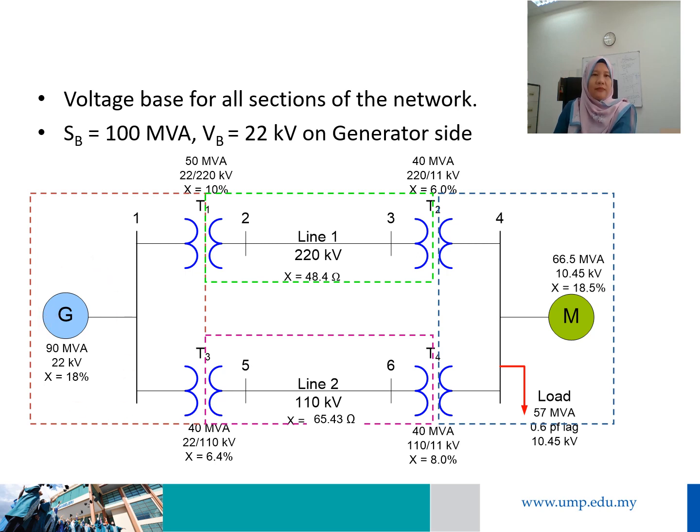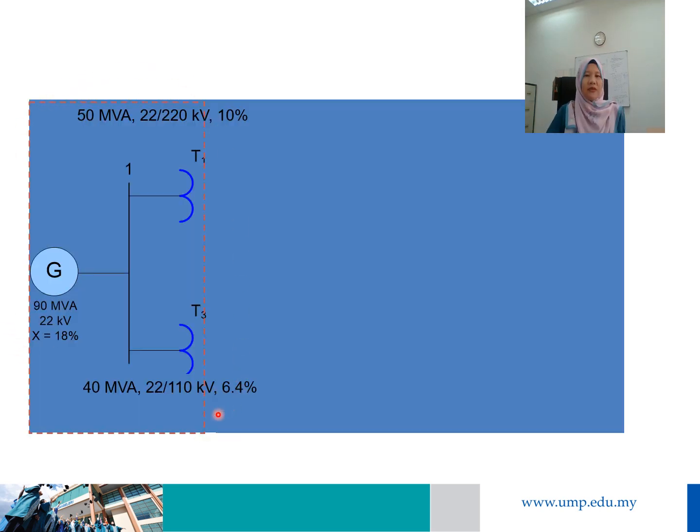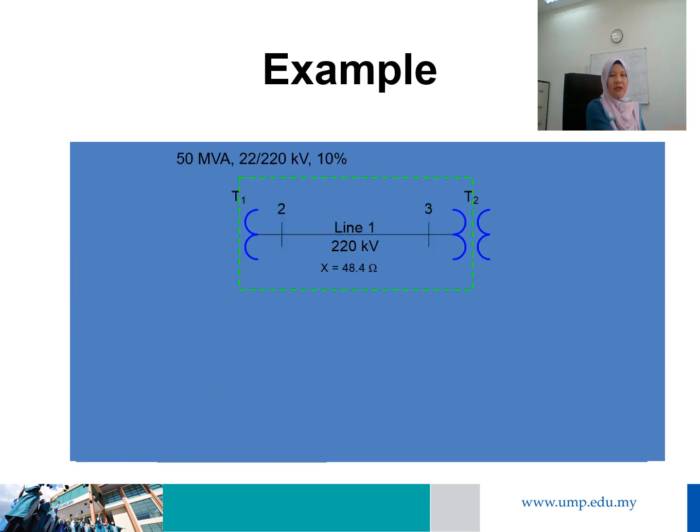For the first region, which is on the generator side, the base voltage V base 1 on the low voltage side of transformer T1 is equal to 22 kV. For region number 2, V base 2 on the high voltage side of T1 is equal to V base 1 multiplied by the voltage of the secondary side divided by the voltage of the primary side.